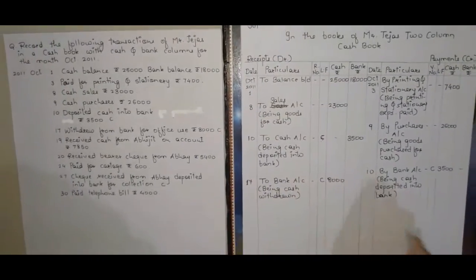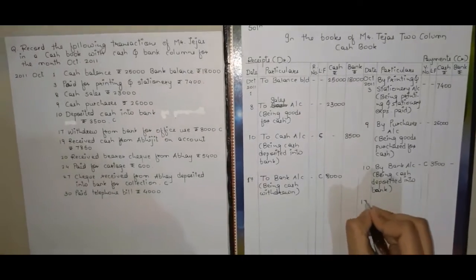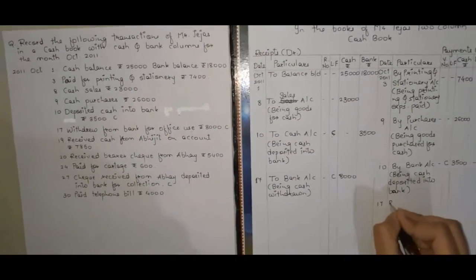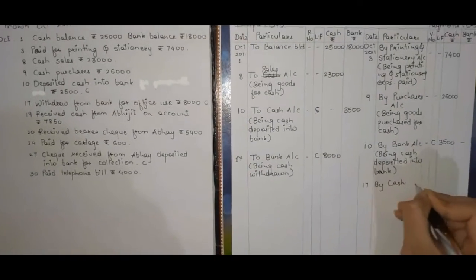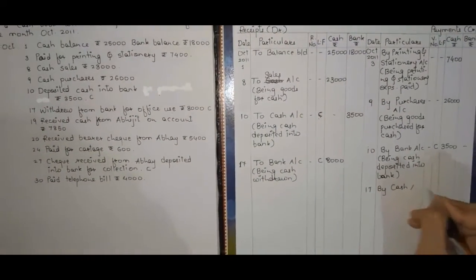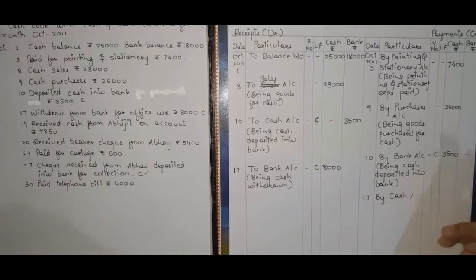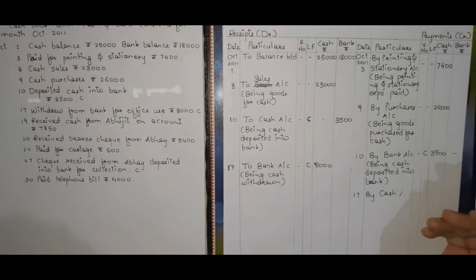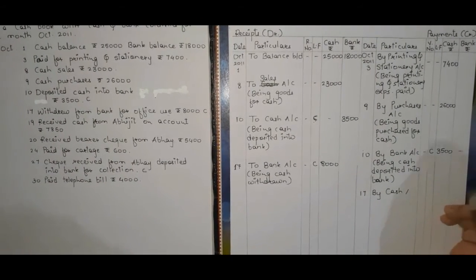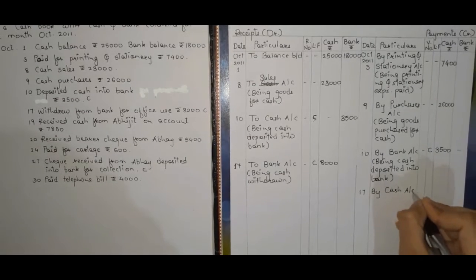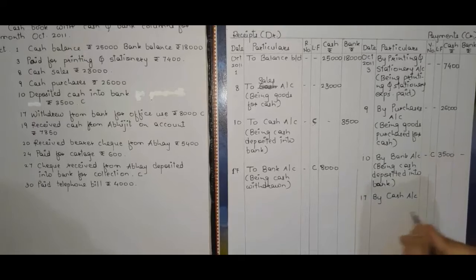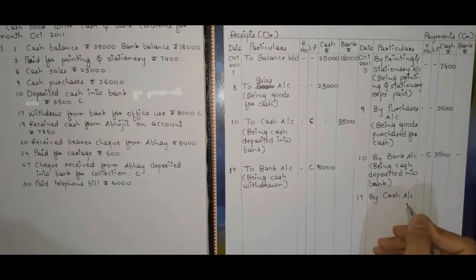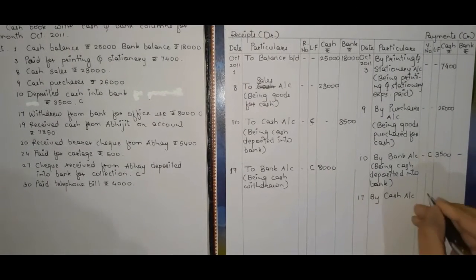Okay, let's see the payment side. Similarly, 17, by cash account. What is being paid by the bank to the customer or to the company? Cash is being paid. That is, they are withdrawing it from the bank, so cash is going out of the bank, so by cash account will be reflected over here.